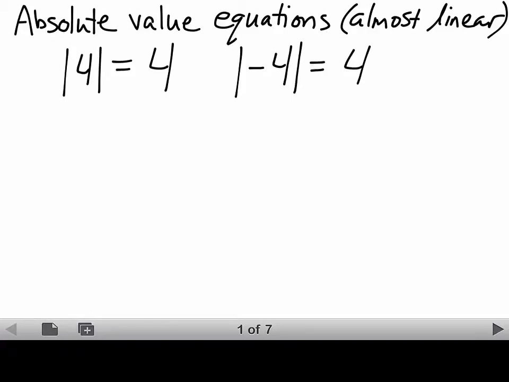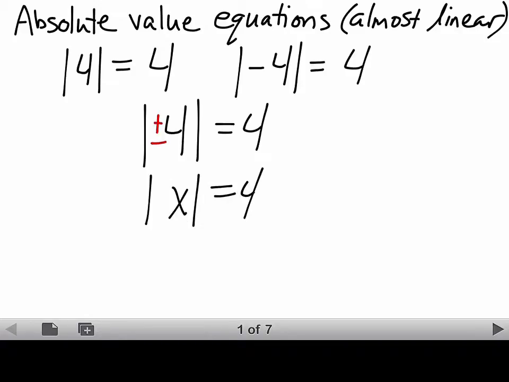So a way to combine these two thoughts is to say that the absolute value of either positive or negative 4 is equal to 4. So when we solve an equation that has a variable inside an absolute value symbol, say the absolute value of x is equal to 4, we can think of this as whatever the number is inside the absolute value symbols, the positive or the negative of that number is equal to 4 in this case.